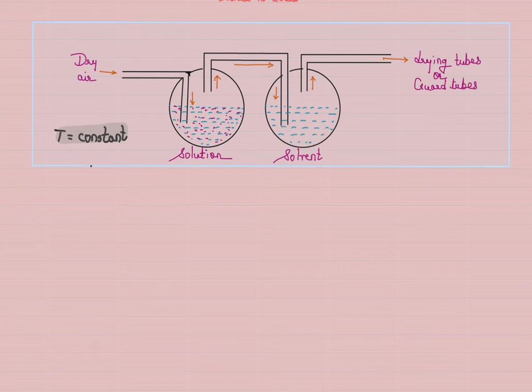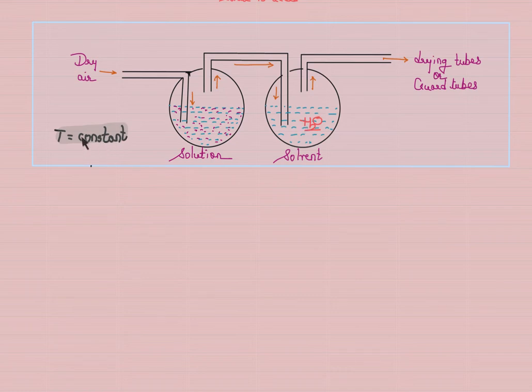Let us assume that the solvent used here is water. So I'm going to put this as, let's say, water, right? And therefore this is all the solution here. The solution here will have water in which some non-volatile solute is added, right? So this is an aqueous solution of a non-volatile solute, and this is pure water.